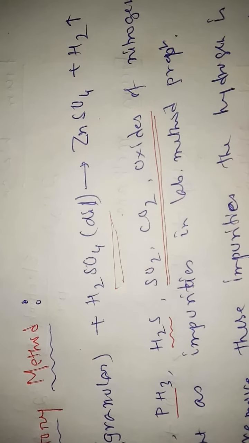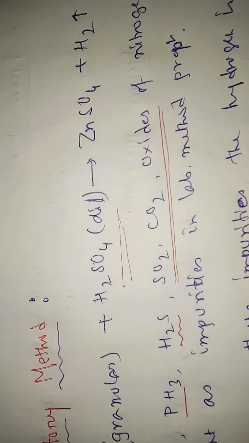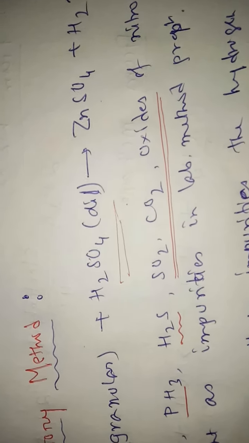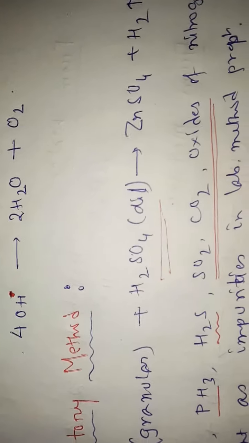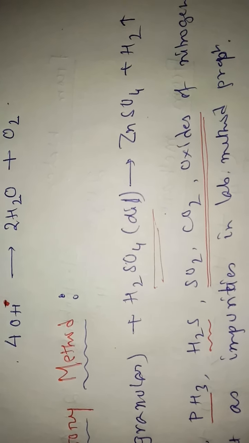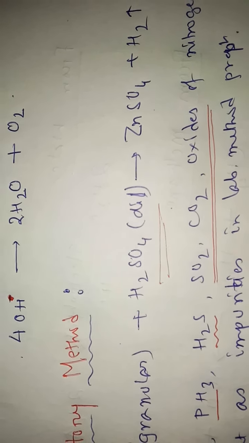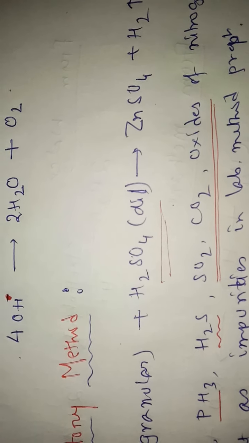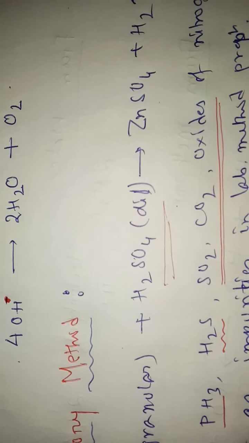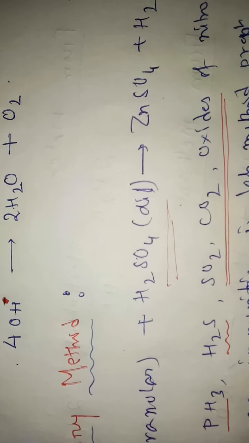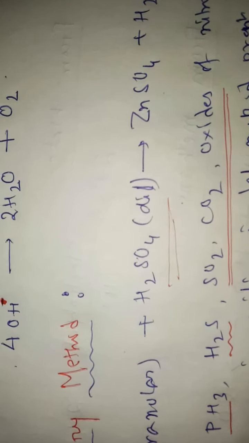And we cannot take concentrated H2SO4, because if I take concentrated H2SO4, then sulfur dioxide is produced. The hydrogen produced reacts with the concentrated H2SO4 giving you sulfur dioxide. If I take concentrated HCl, then it may produce fumes of volatile HCl, and that is why it is not used.